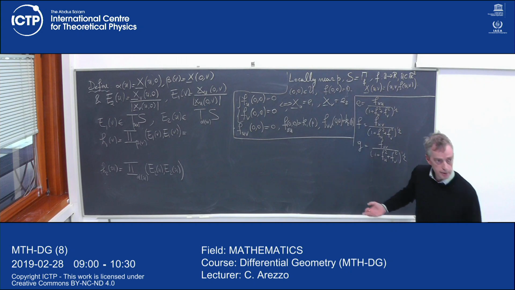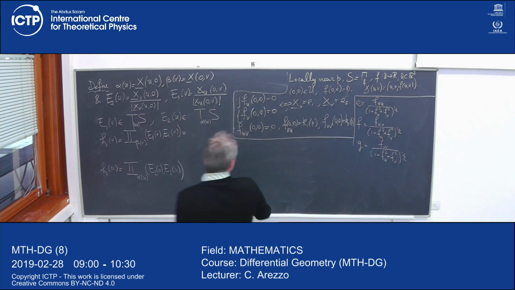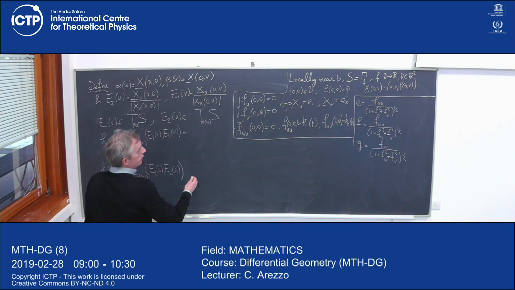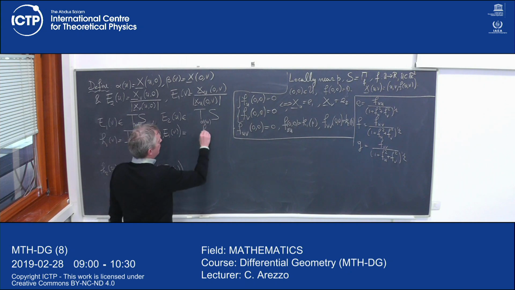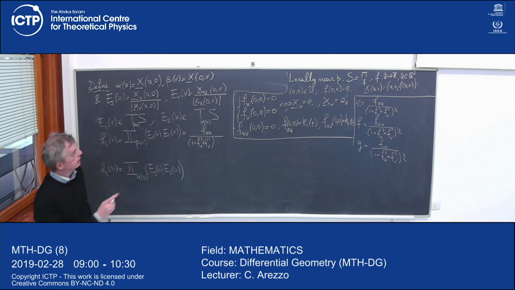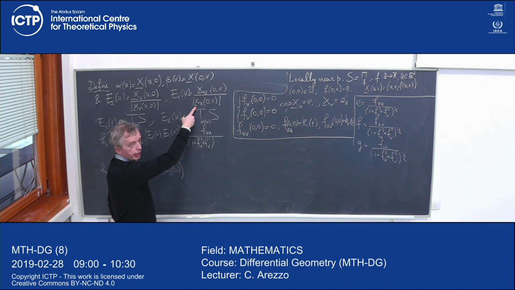So this is E. Okay? But instead of writing E, I write the formula for E. So this is FUU divided by 1 plus FU squared plus FV squared. And of course, this is a quadratic form, so this goes out.